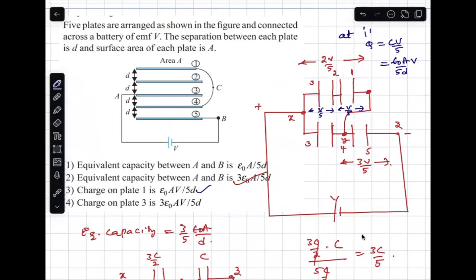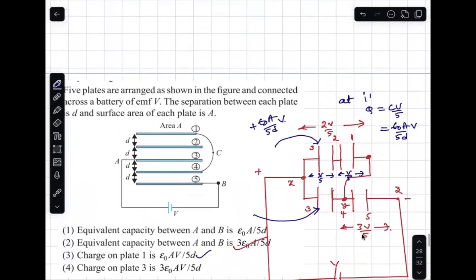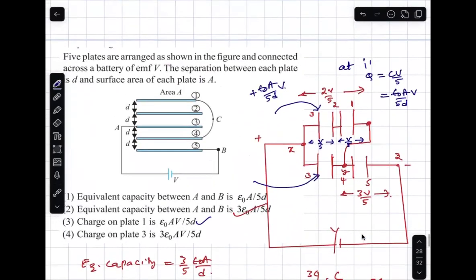Charge on plate 3. Total charge on the plate 3 is how much? See, here you will have a charge of plus epsilon naught A by 5dV. What about the charge at this point? What about the charge at that point? Here total drop is 2V by 5.